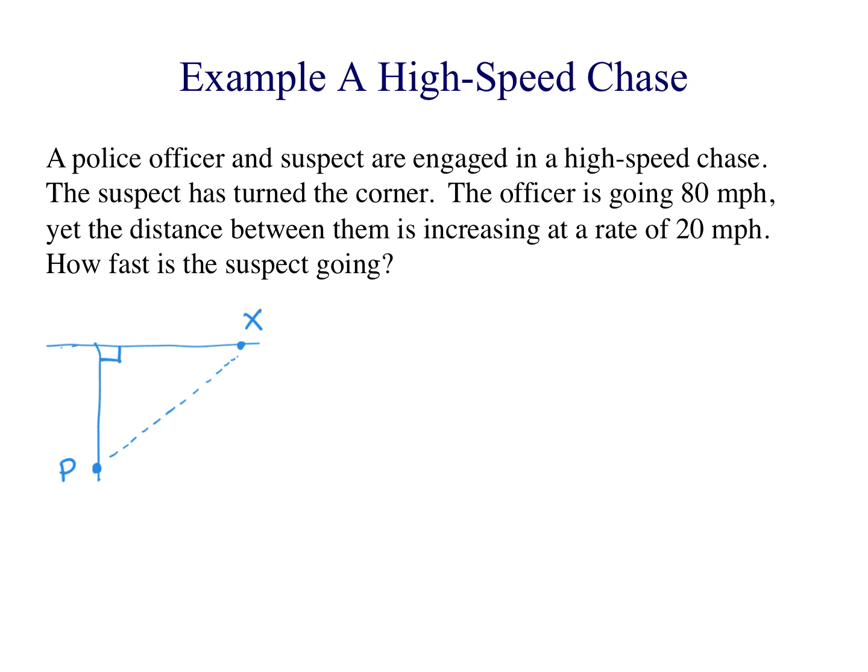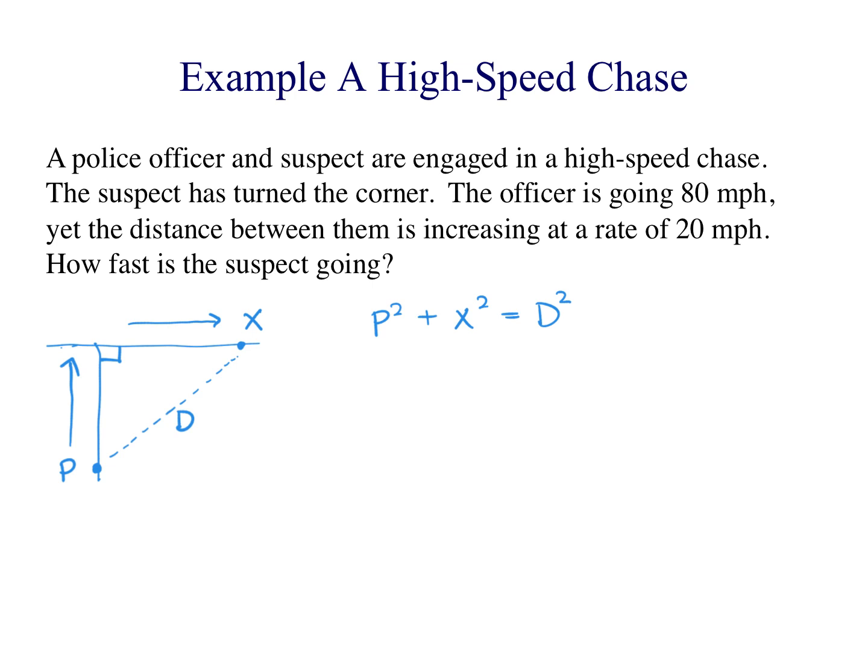We are asked about the distance, so we need the Pythagorean theorem. I'm going to call this the distance between the police. The policeman's going this way, trying to catch up to the suspect who's going that way. So my geometry is p squared plus x squared equals d squared.